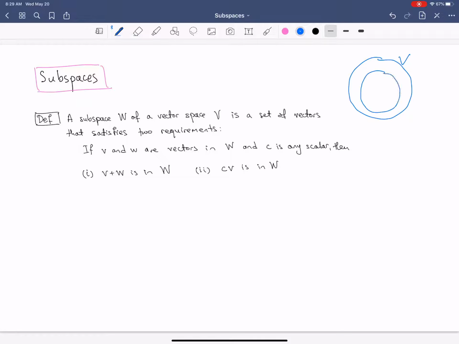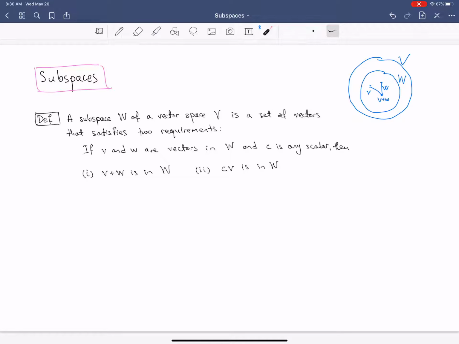If I take two vectors v and w which are inside the subset W, then the first rule says that their sum, v plus w, is still inside the subspace W. It's not outside, it's not here. You cannot add these two vectors and get out of the subspace. If you do, then you didn't have a subspace to begin with.